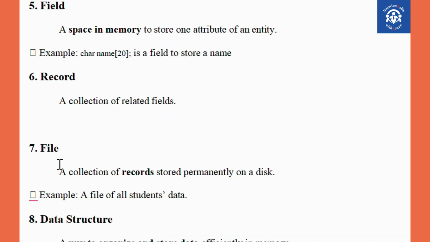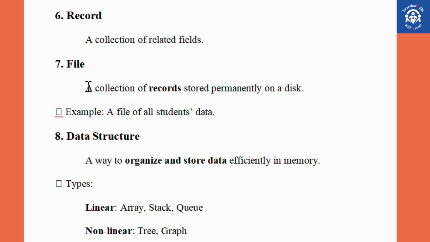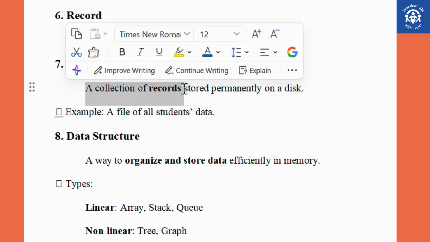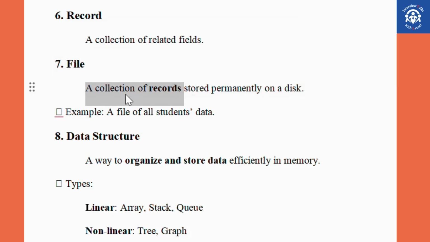Now entering into the next one. File means a collection of records stored permanently on a disk. So let me take an example called a college entry file.